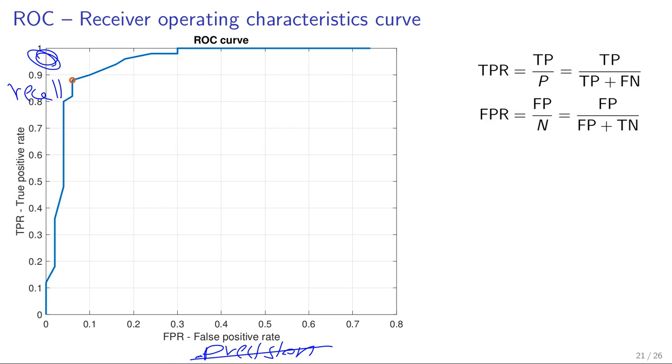But again, this may depend on the context, right? You may have reasons to say that even though this would be theoretically optimal, because of the actual context, you may want to go for a different point on the curve. But if you don't have additional costs associated with the decisions, this would be the optimal point for your particular classifier.